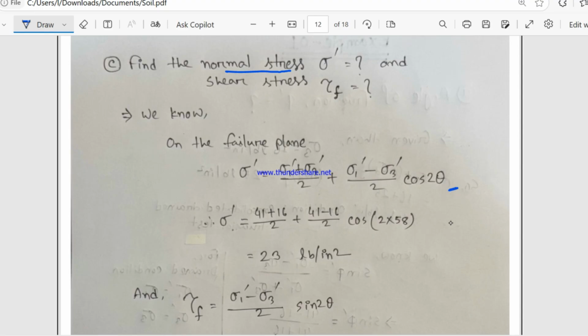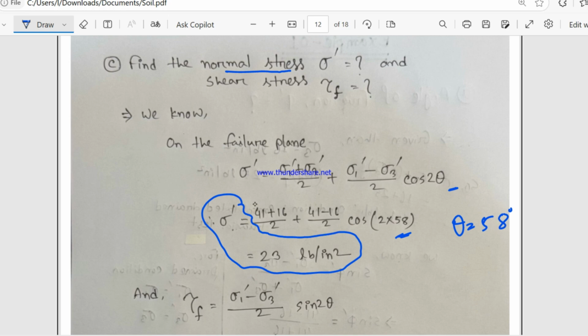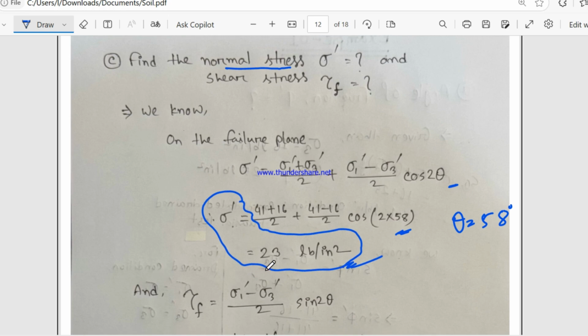We get theta is 58 degrees. Inserting this value, the normal stress is 23 pounds per inch square.